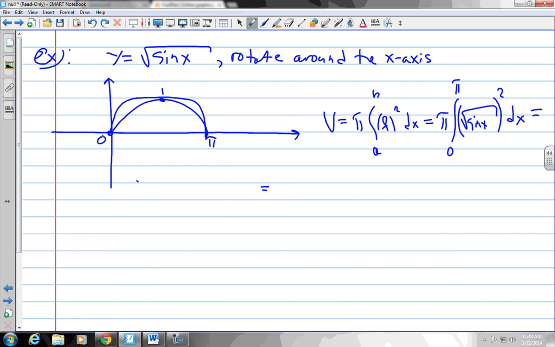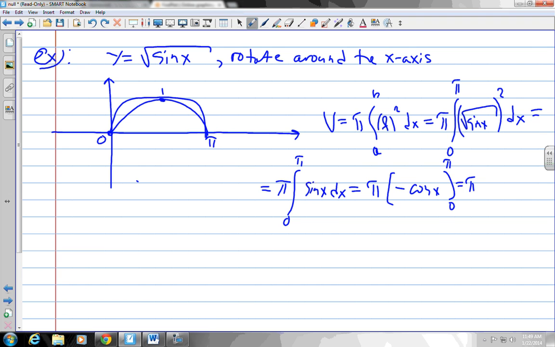So this is just the integral of pi times sine x dx from 0 to pi. Is that right? So what do we end up getting? It's going to be 2 pi in the end. What's the antiderivative? Negative cosine x from 0 to pi.